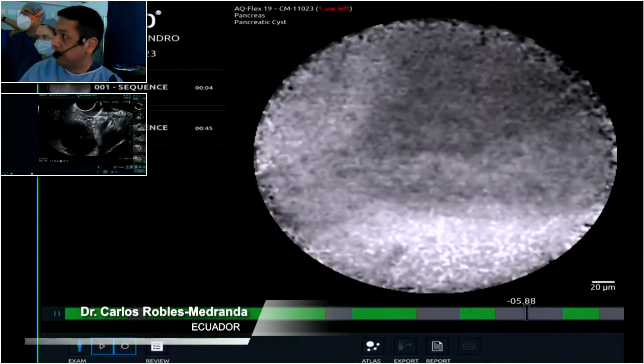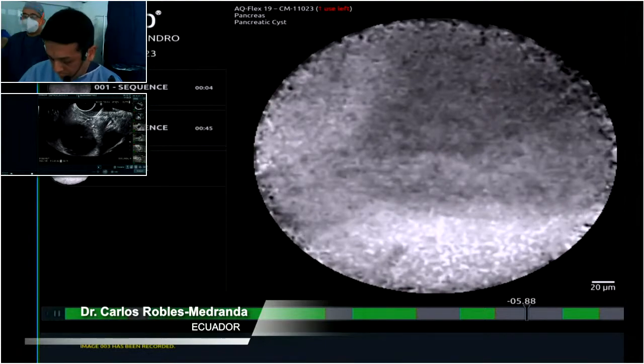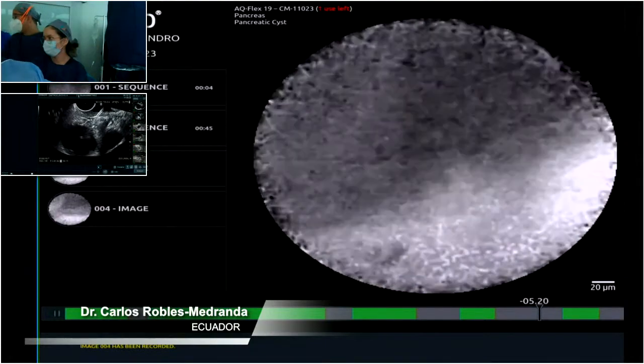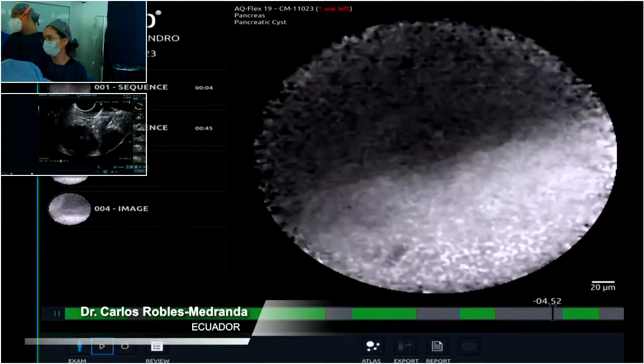So in this case, I believe it's much better to have a histological evaluation for the surgeons.